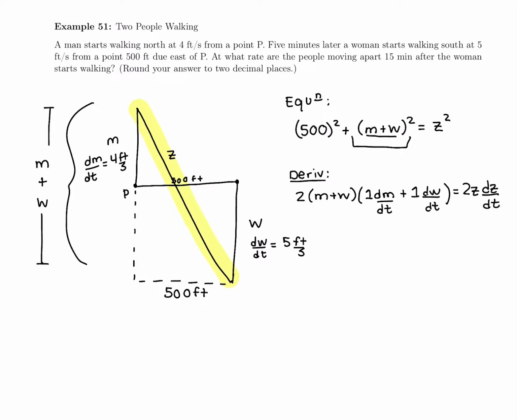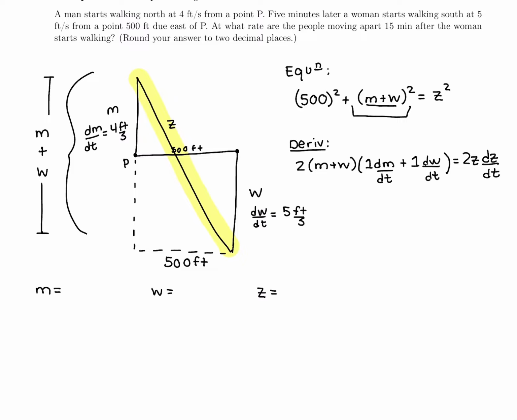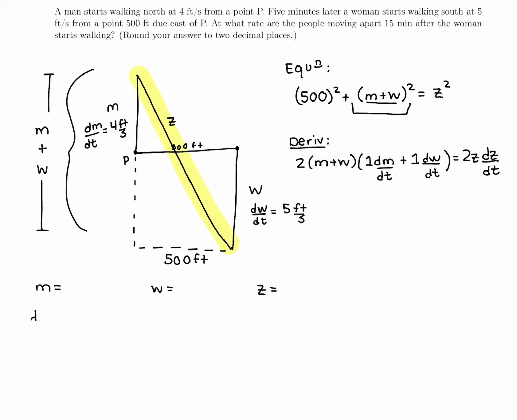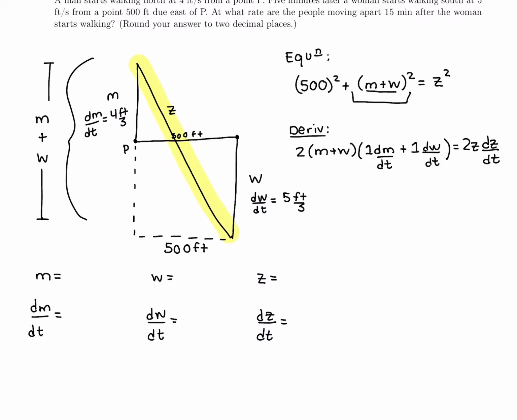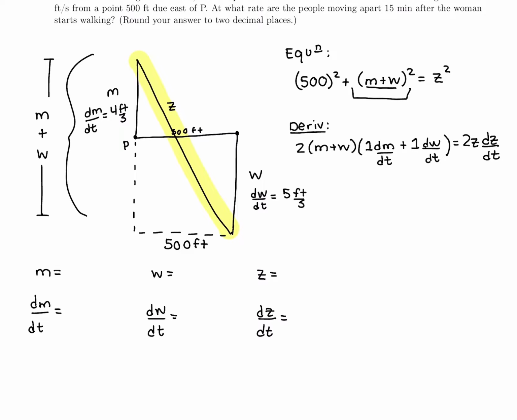Before we can plug in, we need to figure out what we know and what we're solving for. So we have our three variables, m, w, and z, and their corresponding derivatives, their rates of change, how fast the man is walking, how fast the woman is walking, and then what we're trying to solve for, how fast is the distance between them changing 15 minutes after the woman started walking.